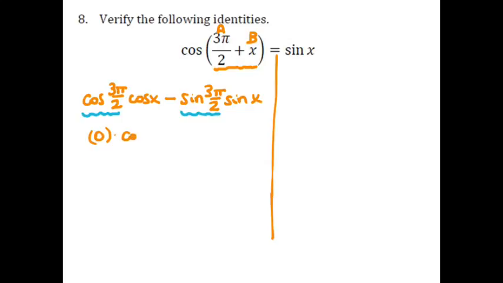So I get 0 times cosine x minus sine of 3 pi over 2, it's going to be negative 1 times sine x. So 0 times cosine x, that's just 0. And then I have minus a negative 1 times sine. So the minus times the negative is going to make it positive sine x. And now both sides are the same.